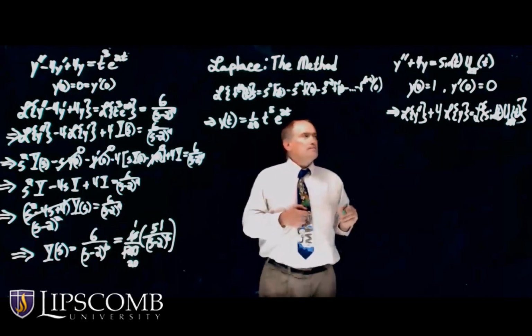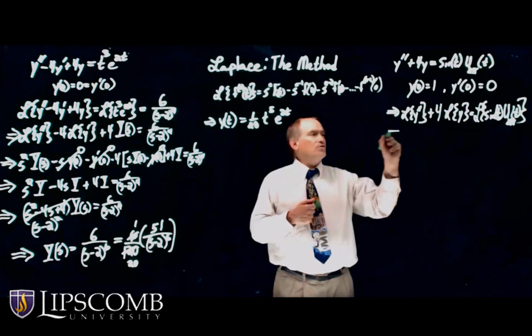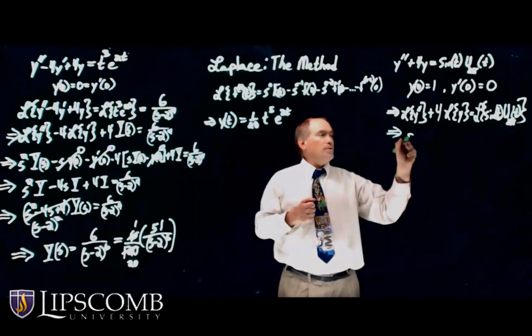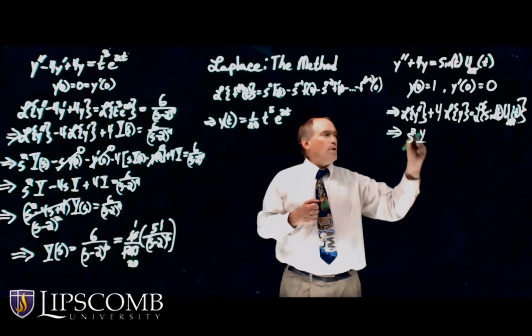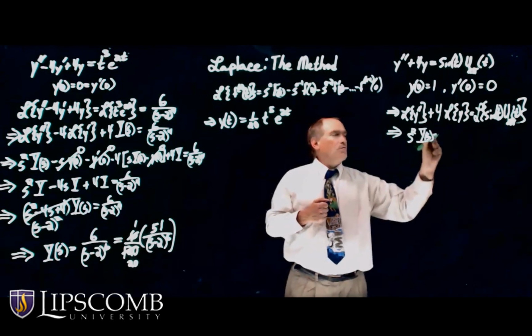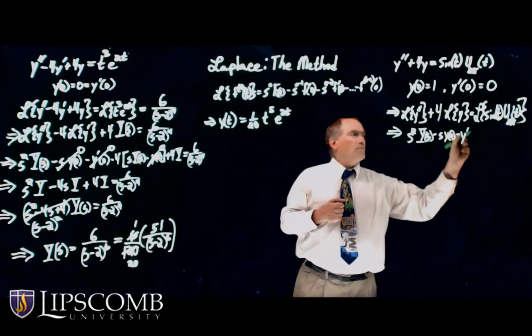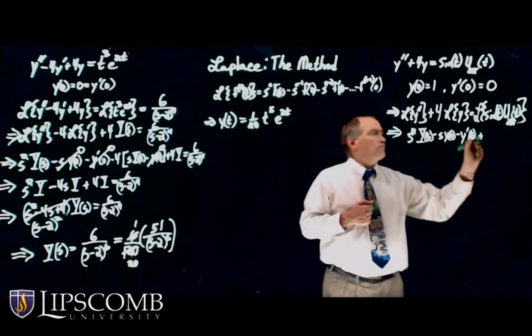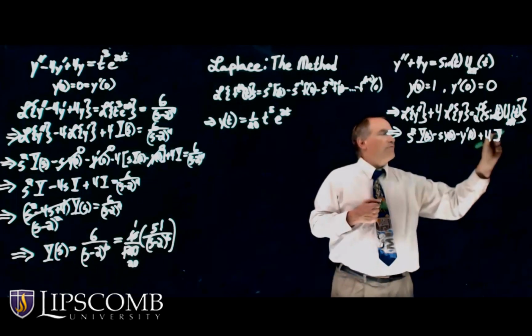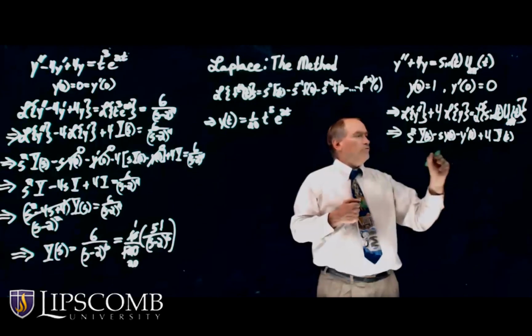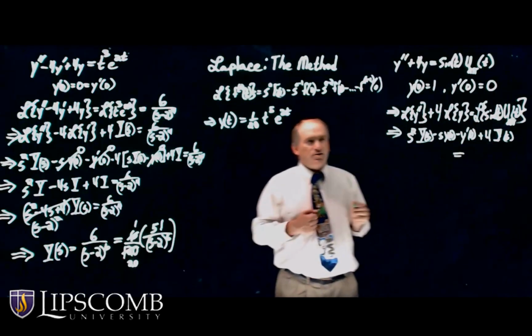Okay, now let's plug into our formula here on this side. So this would be s squared times capital Y of s minus s times y of 0 minus y prime of 0 plus 4 capital Y of s equals the Laplace of sine of t.